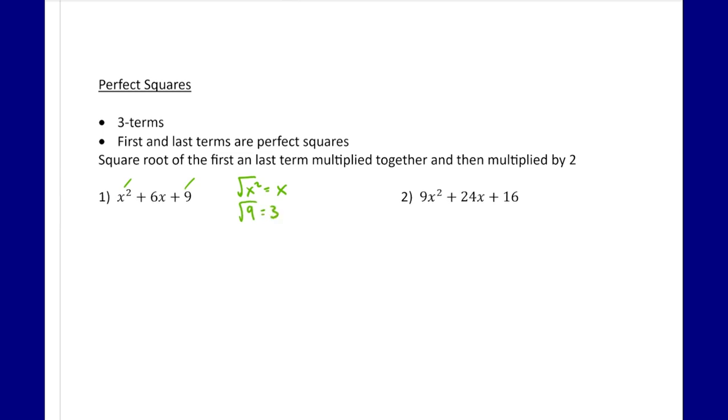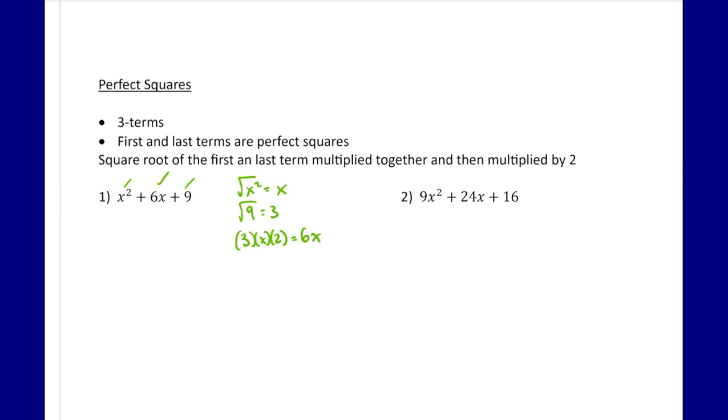The middle term, if I take 3 times x times 2, do I get the middle term? I do get 6x, so that works as well. We're not concerned about the sign. So if this was a minus 6x, that's okay. We're just concerned about the number and variable itself. So all of that works.